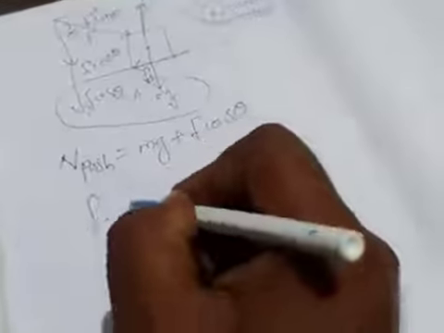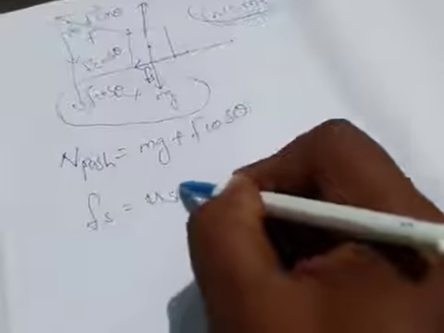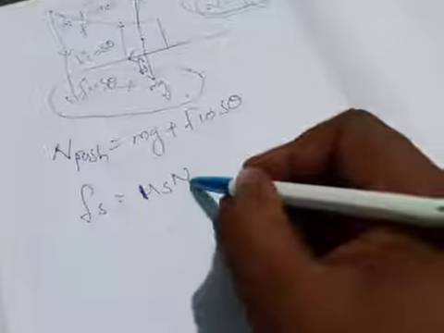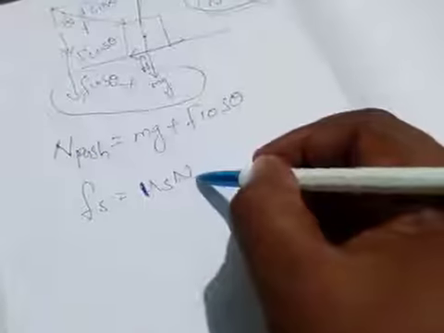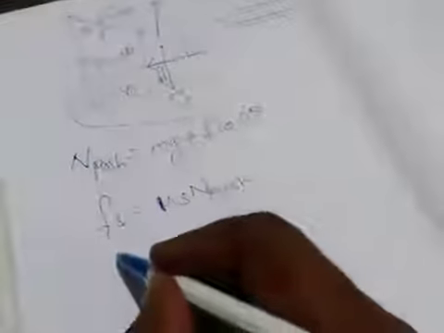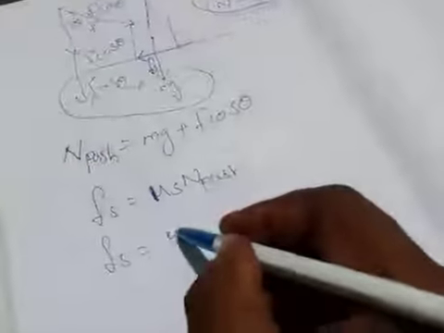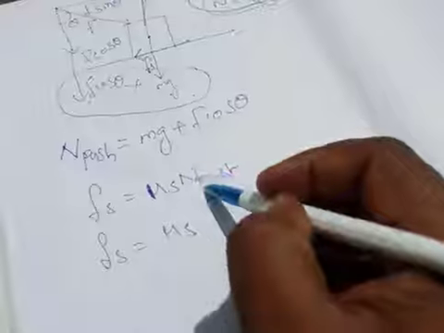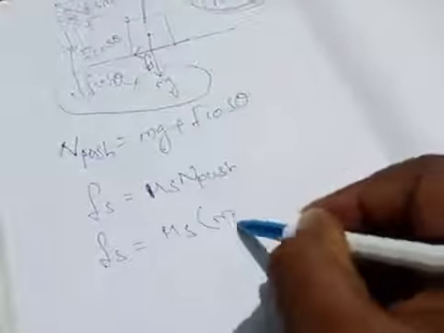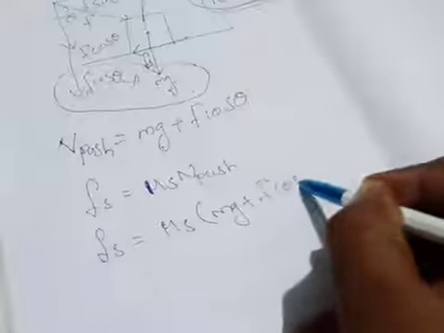Now Fs is equal to mu s N. This is the static friction formula. And here we are using N push, so you can put N push. Now you see Fs is equal to mu s, and instead of this N push, you can put mg plus F cos theta. So mg plus F cos theta.